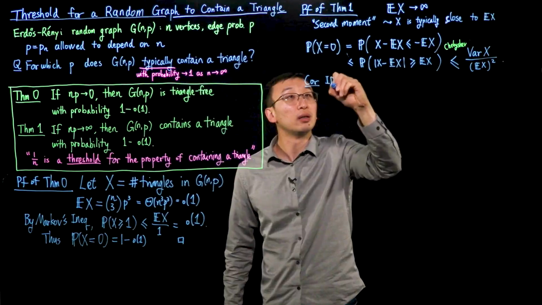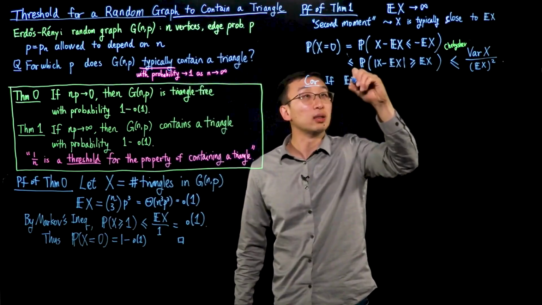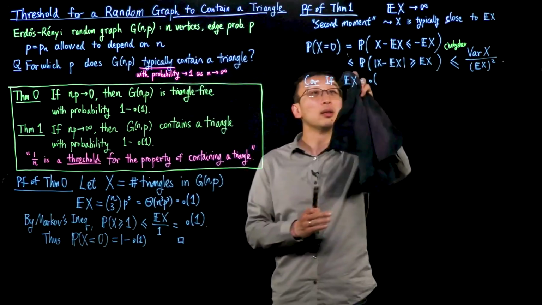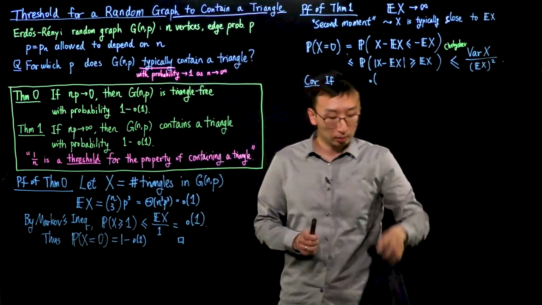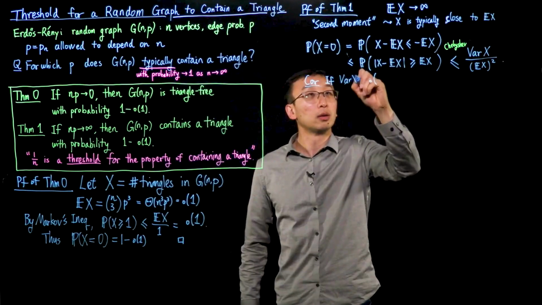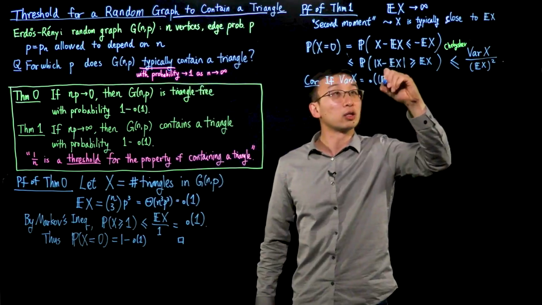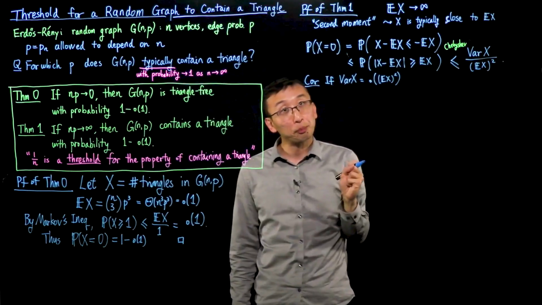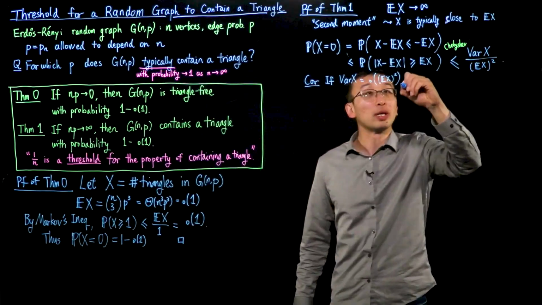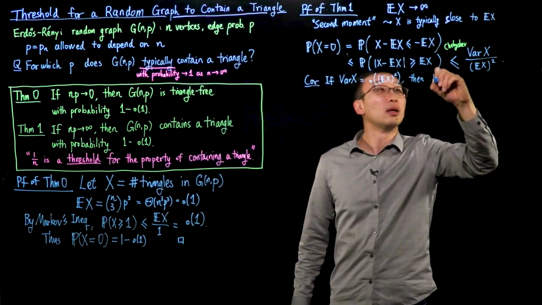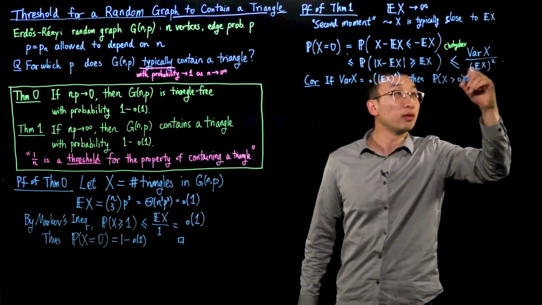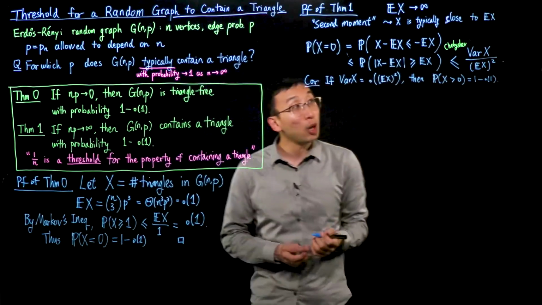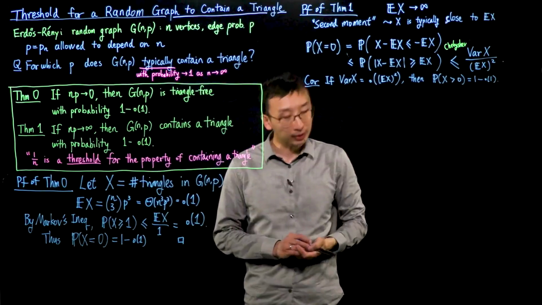If the variance of X is much smaller than the square of the expectation, then the right-hand side goes to 0 as n goes to infinity, which then implies that X is positive with high probability, meaning that the probability that X is positive goes to 1 as n goes to infinity.